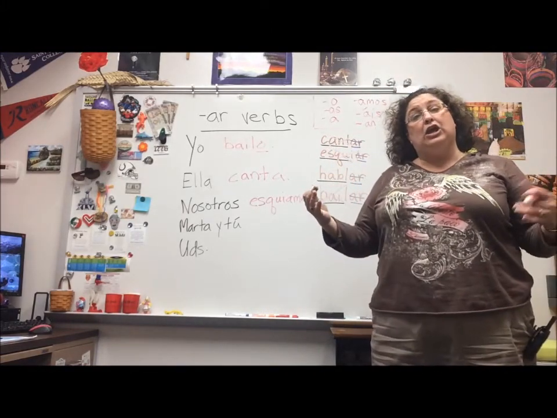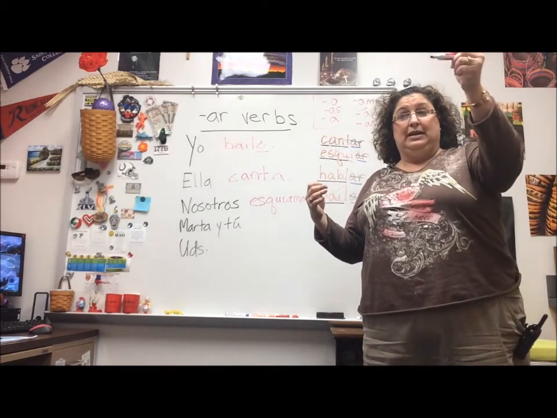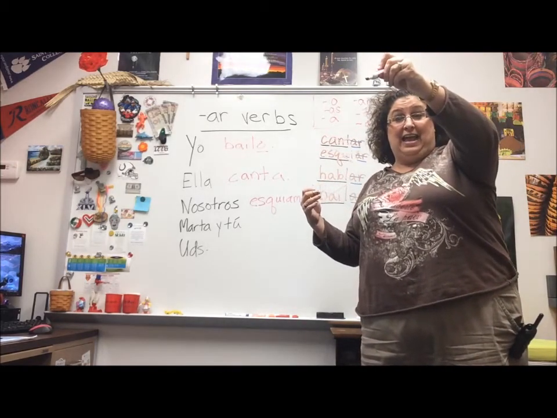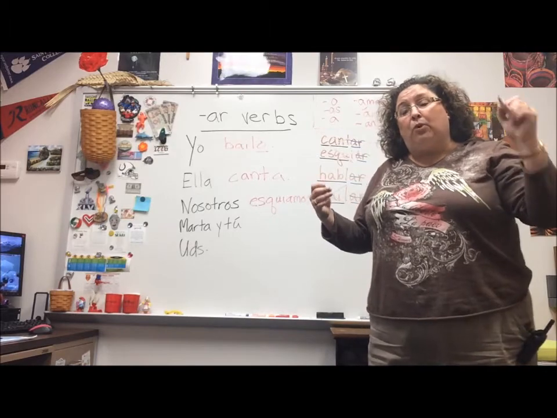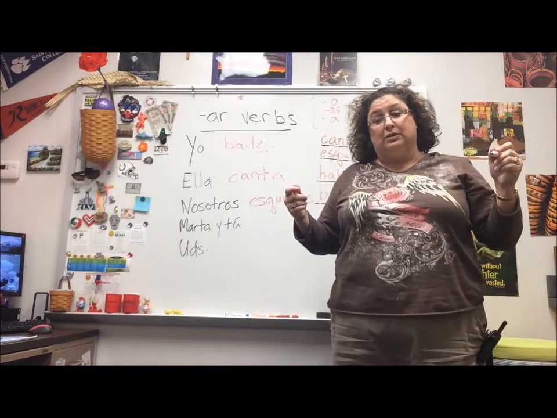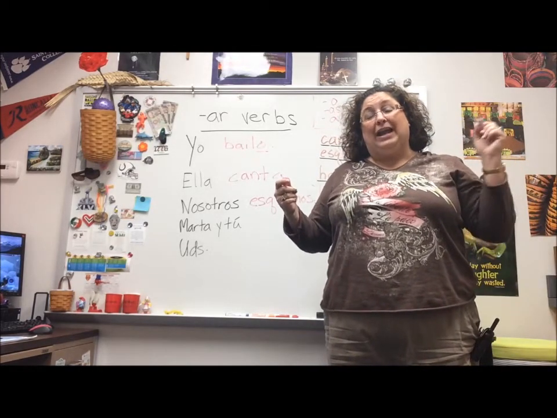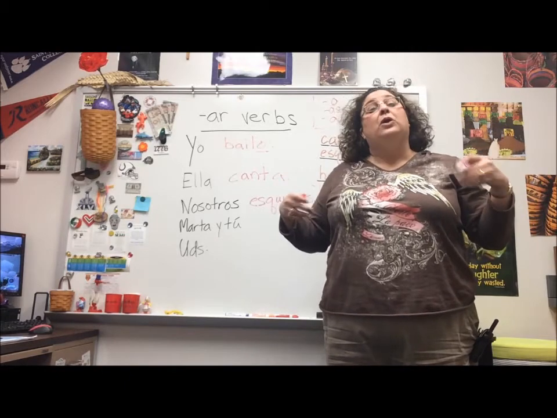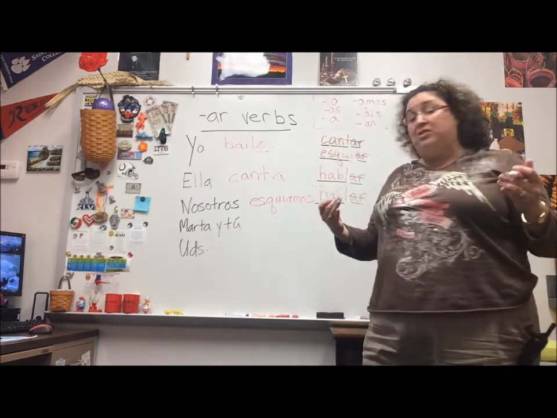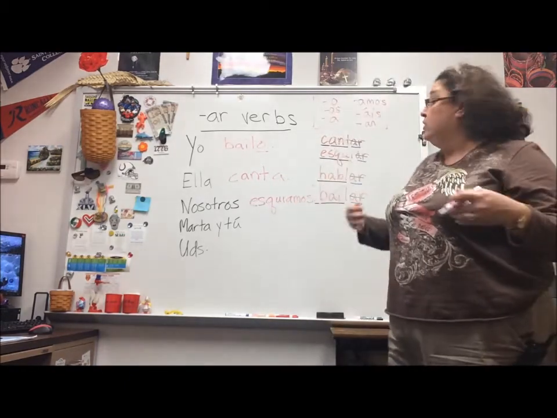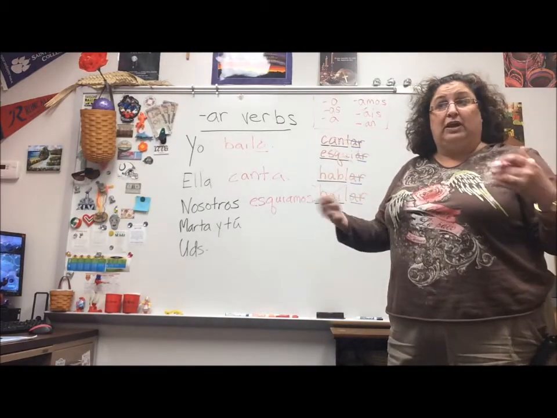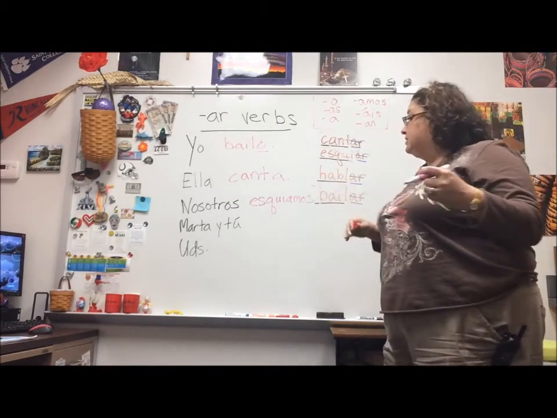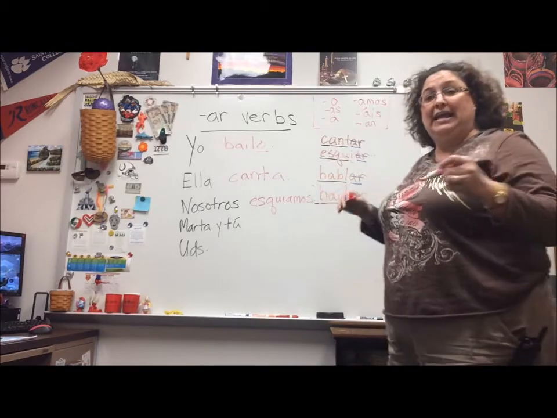So if I'm saying to one person and saying and you, what ending do we need to use? We need to use, that's right, the they ending for girls. But it doesn't matter as far as the ending is concerned. We're going to use the they ending.